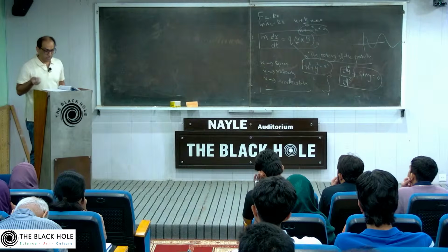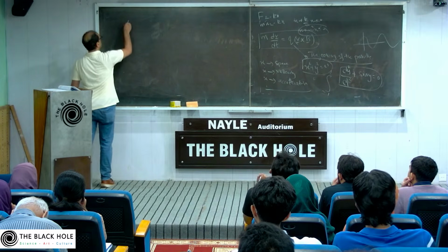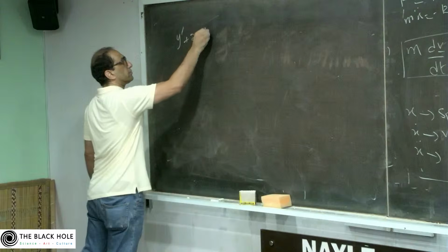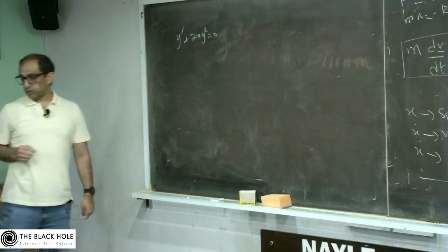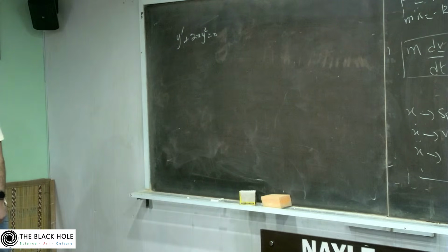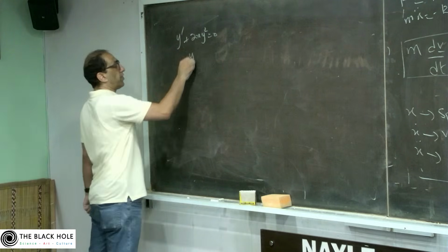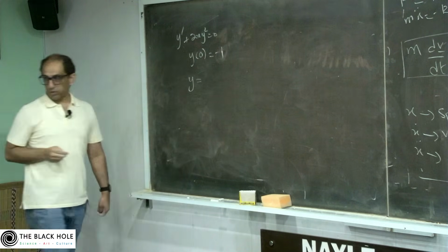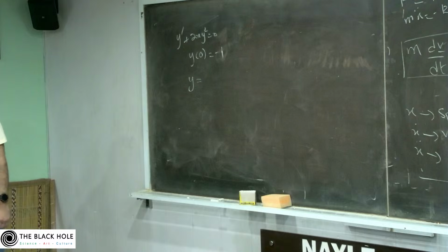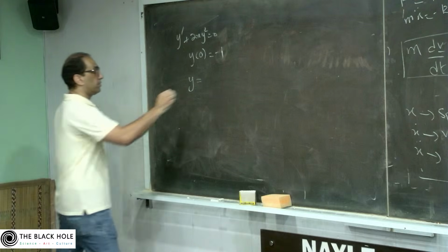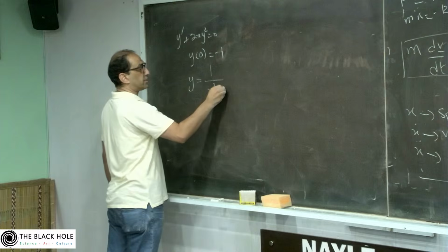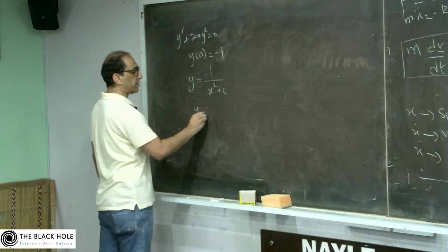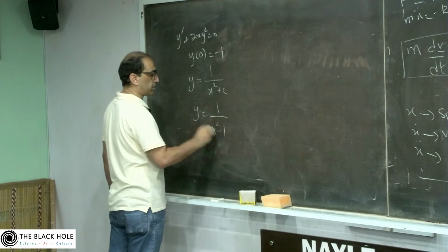So there is a differential equation y double dash plus 2x y square is equal to 0, subject to the initial condition y of 0 is equal to minus 1. The solution that you get is 1 over x square plus c. When you plug this in, it will have 1 over x square minus 1.